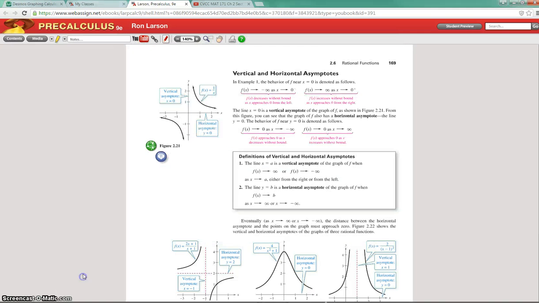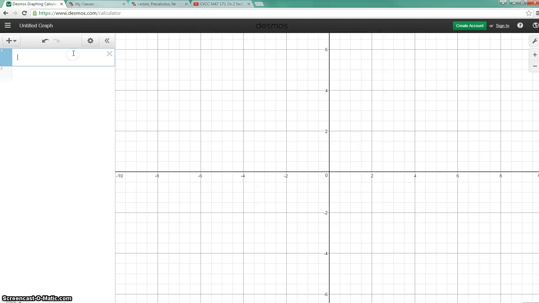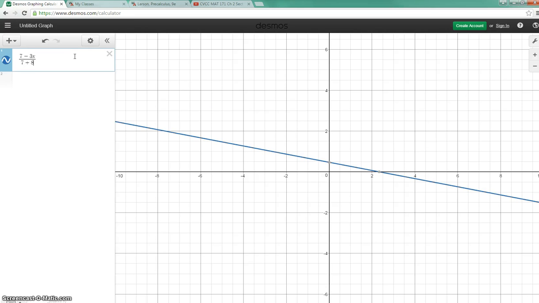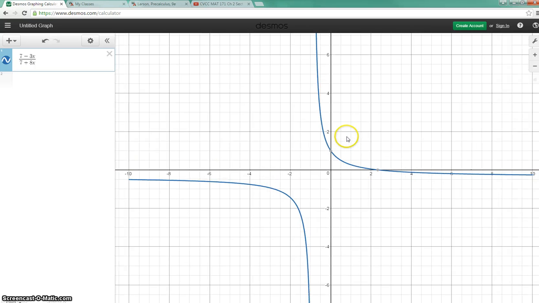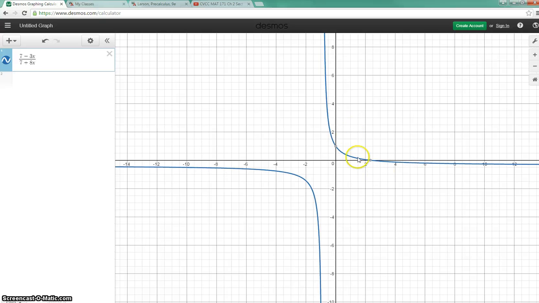So if we're graphing this, 7 minus 3x and 7 plus 8x, we see that it looks like we have a vertical asymptote here, and we have a horizontal asymptote here. So there's some place where it just doesn't cross. It doesn't look like it crosses that vertical asymptote.